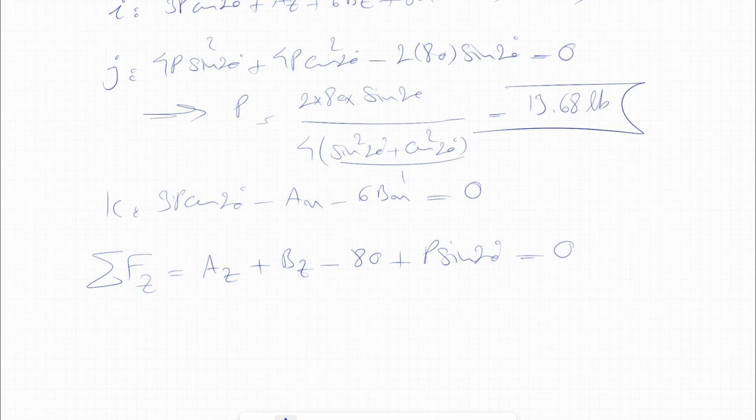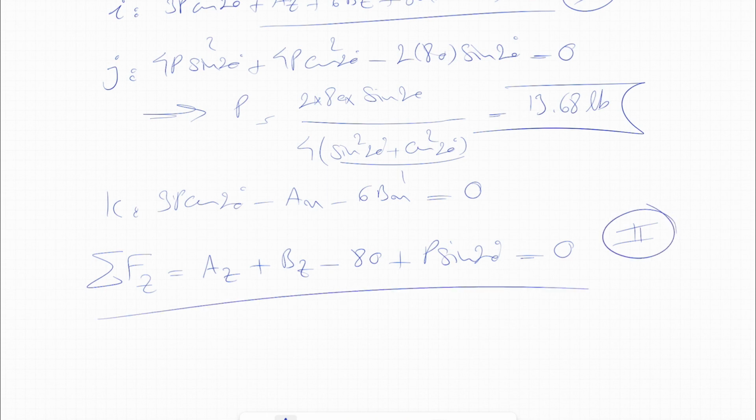So now, if we look at our first equation for moment, I'm going to show it with I. We have one equation that has two unknowns of AZ and BZ. Now we found the second equation. And from these two equations, we can find our vertical unknowns at A and B.